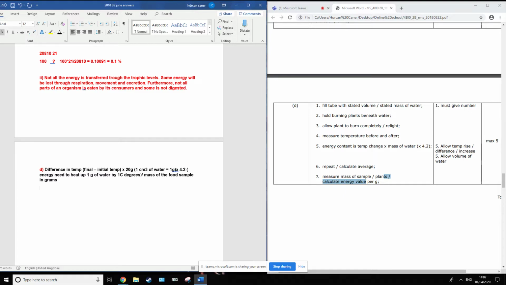Exactly. Let's do an example. You have a difference in temperature. We said 30 degrees minus 25, which is 5. Then 5 is multiplied by 20 grams. Let's put it in brackets.